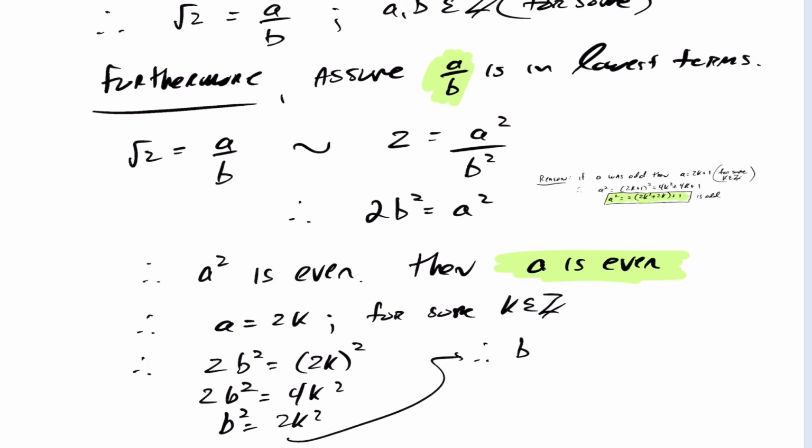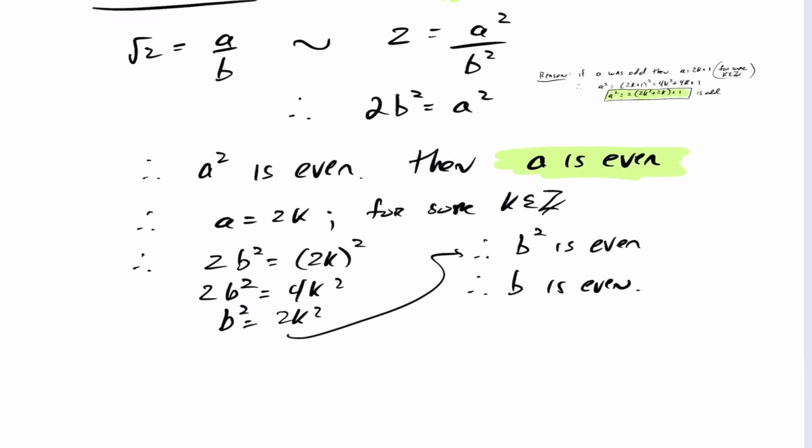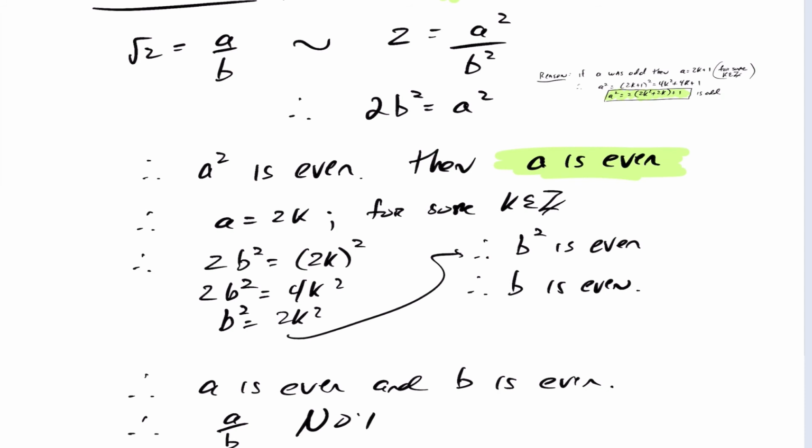Therefore, b squared is even. Therefore, b is also even, using obviously the exact same argument we did above. So now I'm in a situation where a is even and b is even. But therefore, a over b is not in lowest terms, right?